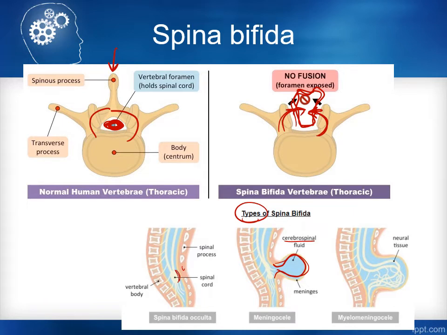The worst case of spina bifida is when there's not just fluid, but also nerve cells that are protruding through the back of the person. And of course, this is just skin. There's no bone here protecting the spinal cord. And so any kind of injury could allow for infection or damage. So this kind of spina bifida is very, very dangerous.